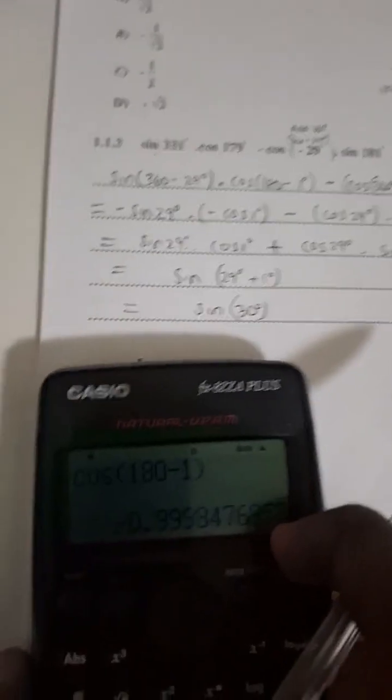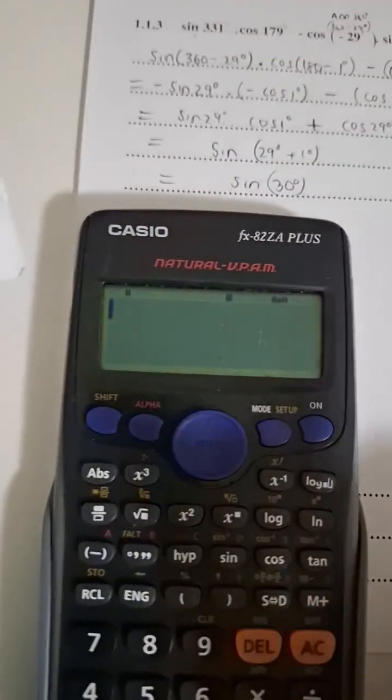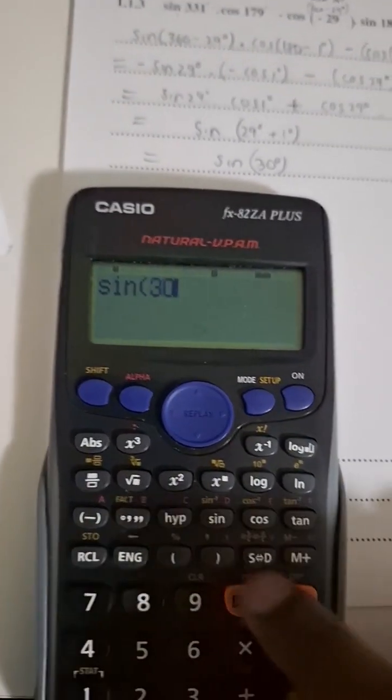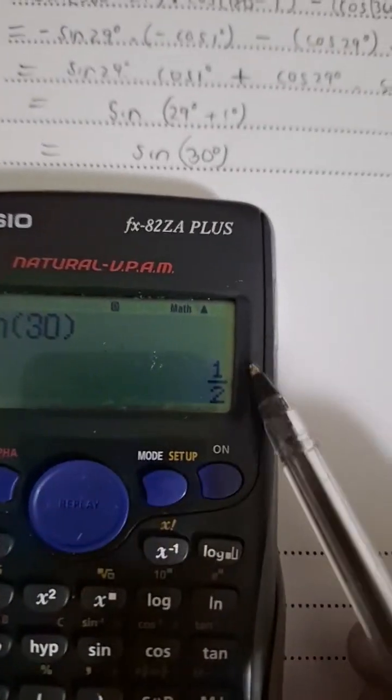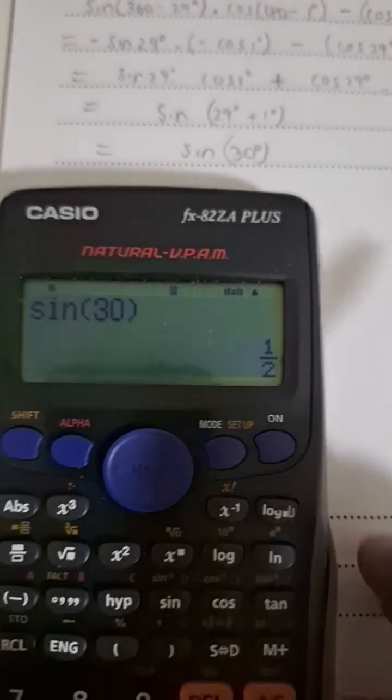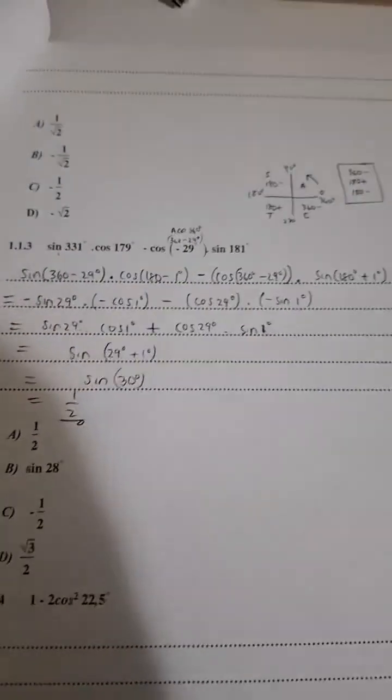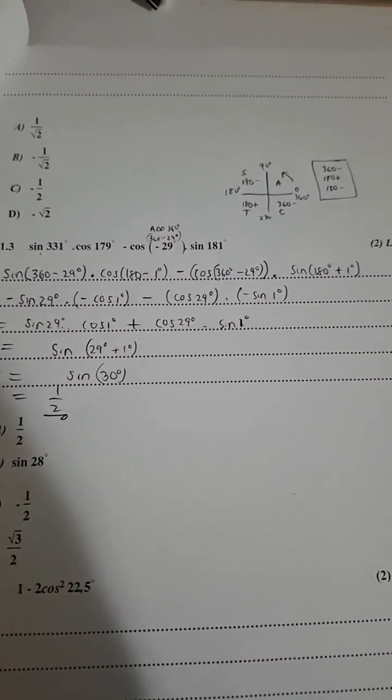So I simply go to my calculator and type in that special angle. Sine of 30 degrees is equal to a half. So all of that working out, so that I can get the final answer, which is a half. And that's it. Done and dusted.